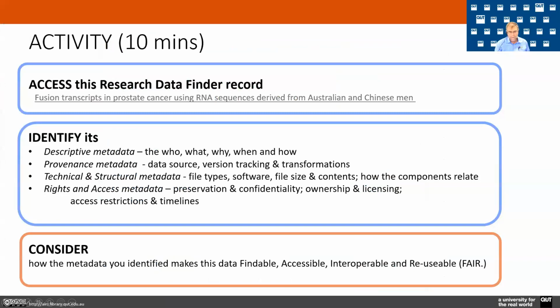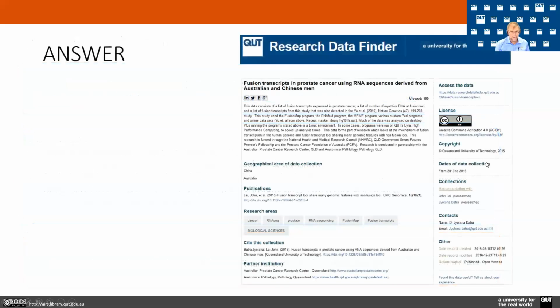So just go back to the PowerPoint and see what it's asking of us. Can we look at this record and identify descriptive metadata, provenance metadata, technical and structural, and the rights and access? Research Data Finder is the officially sanctioned and endorsed place for QUT generated research to be catalogued, and it has the capacity to actually share the research data files as well.